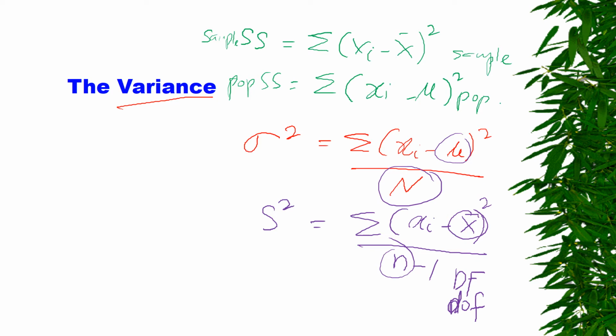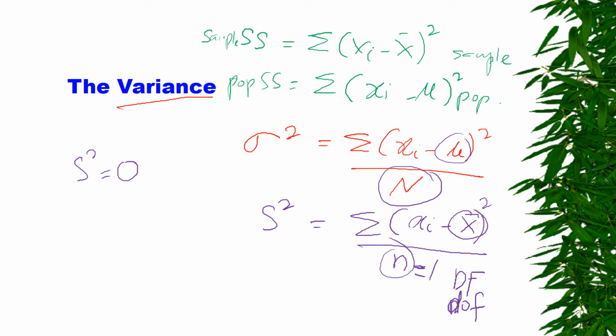Why we need the minus 1 here is to make sure that it is an unbiased estimate, and it is the equation which should be used to calculate the sample variance. If all observations are equal, then there is no variability and the sample variance will be equal to 0.